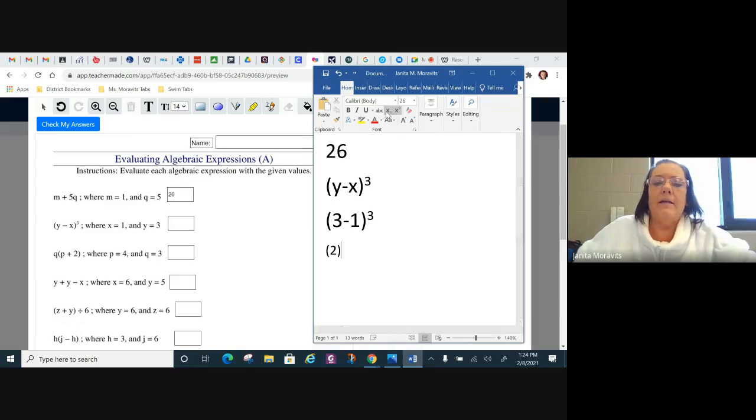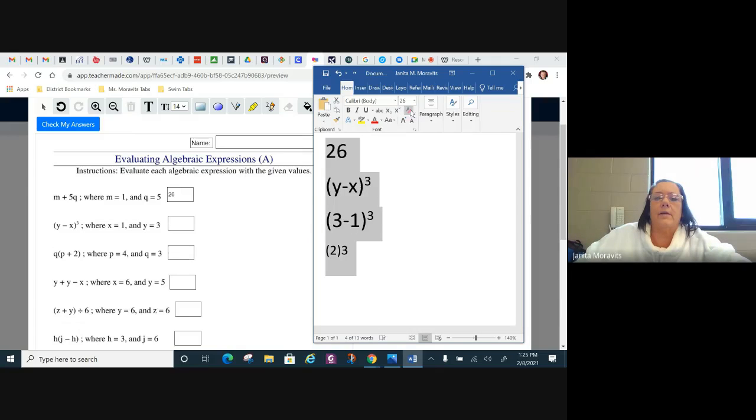And we're going to raise it to the third power, just like that. Let me make it all the same size, and bigger so you can see it.